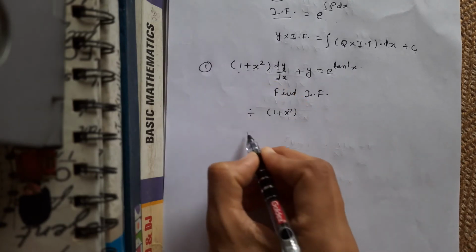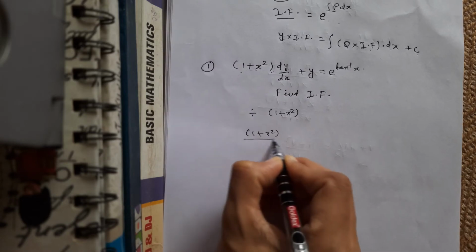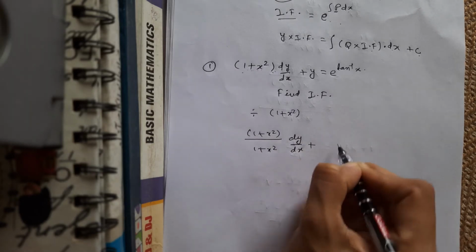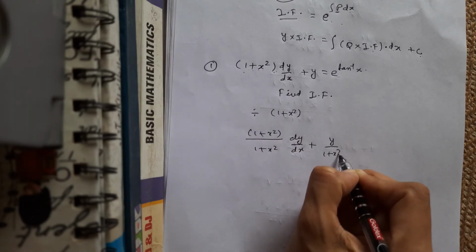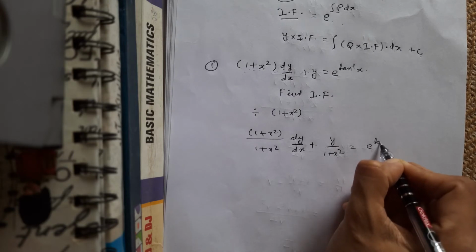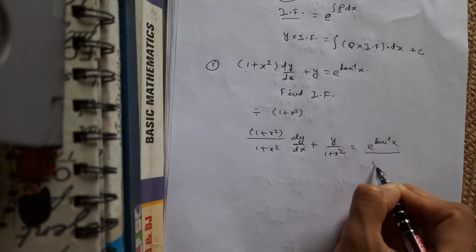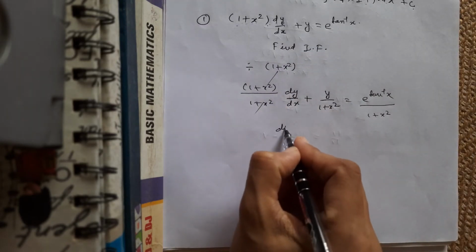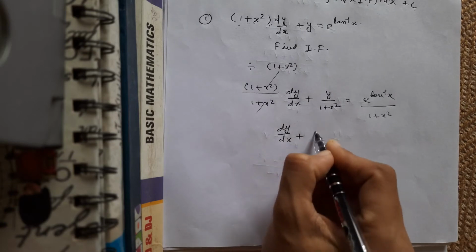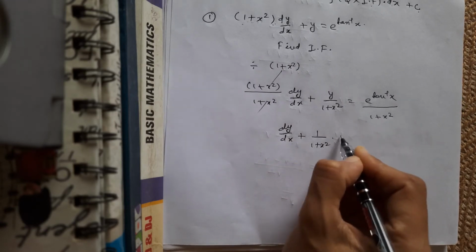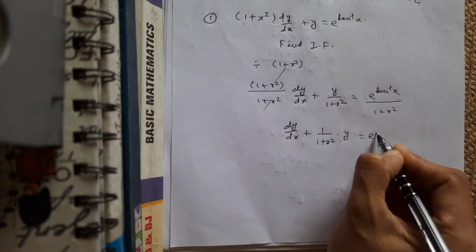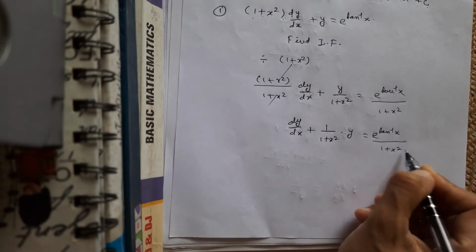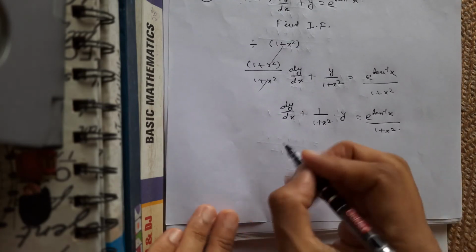What I will get: (1 plus x square) upon (1 plus x square) dy by dx plus y upon 1 plus x square equals e to the power tan inverse of x upon 1 plus x square. Now this gets cancelled. I get dy by dx plus 1 upon 1 plus x square into y equals e to the power tan inverse of x upon 1 plus x square. Now this is the standard form.